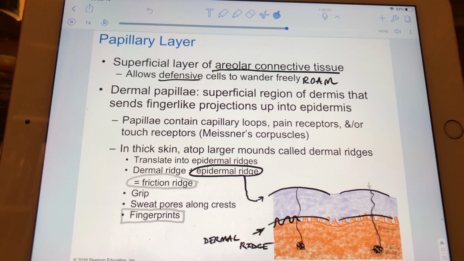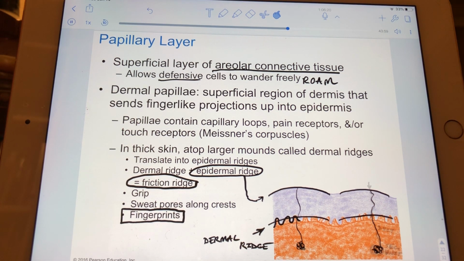Together, a dermal ridge and an epidermal ridge is called a friction ridge. And it's friction ridges, not dermal papillae, that are expressed as fingerprints.